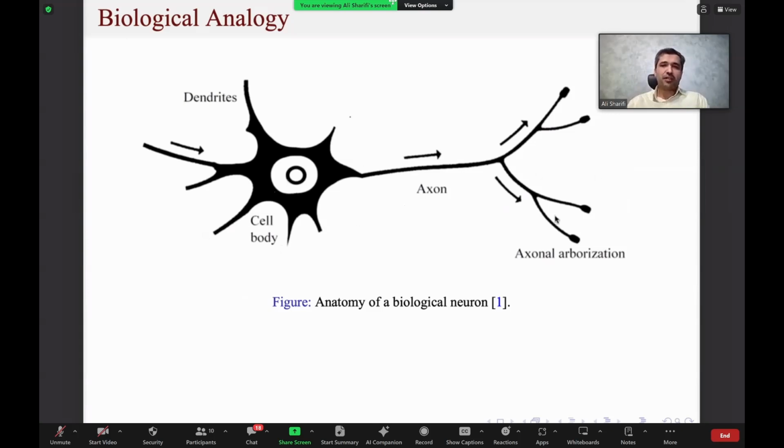Whenever you think about a neuron, there are these dendrites that receive the electrical signals from the neighbor cells, and there is one axon that transmits signals to the other cells. And there is a cell body here that is either in a firing state or not firing state.